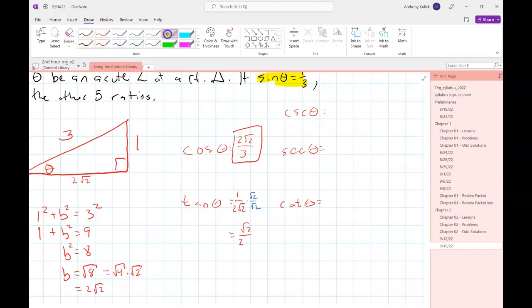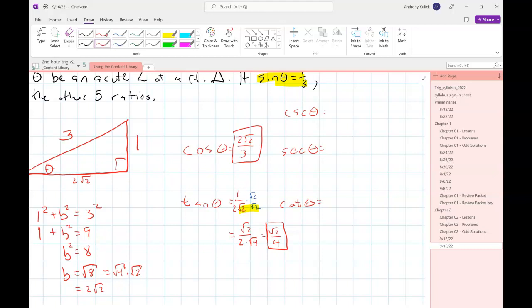So when I multiply root 2 times root 2, what do I get? Root 4, which is the same thing as 2. So this will become square root 2 over 4. Pretty cool there.